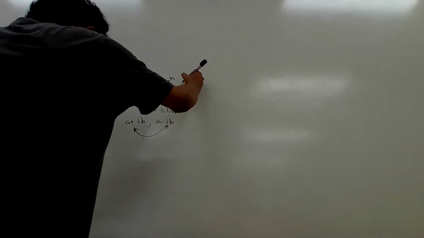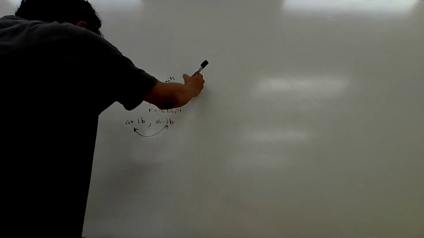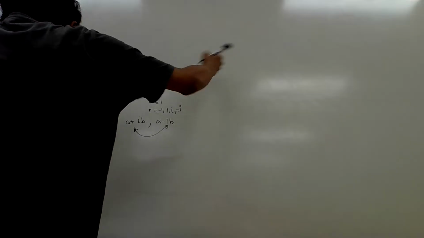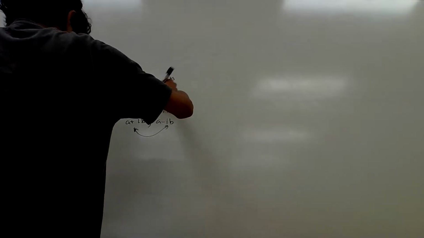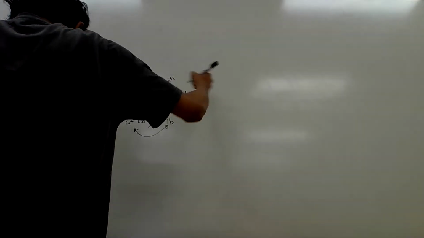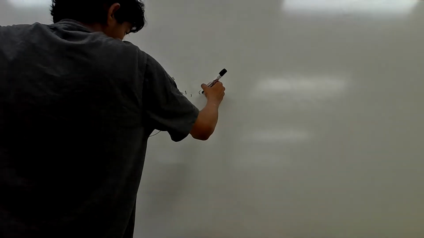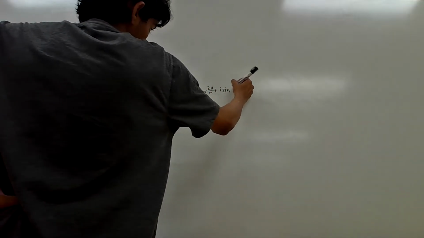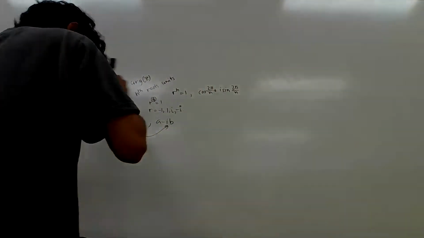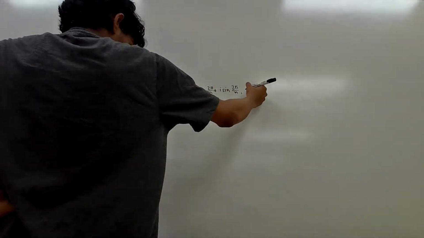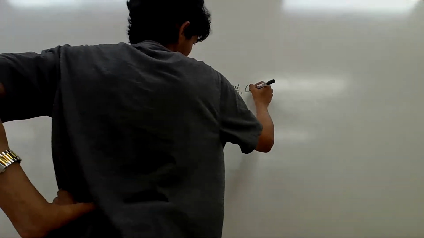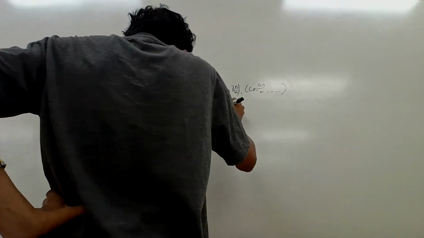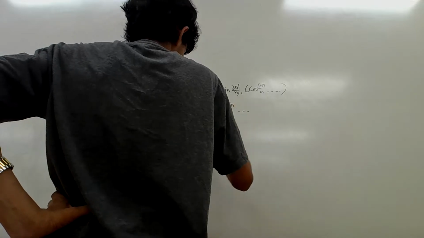The nth roots of unity follow from the fact that for each natural number n, the complex roots of 1, with n equals 4 here, follow the formula cos 2 pi by n plus iota sine 2 pi by n. And you can generalize this: the next one will be cos 4 pi by n, then 6 pi by n, and so on.